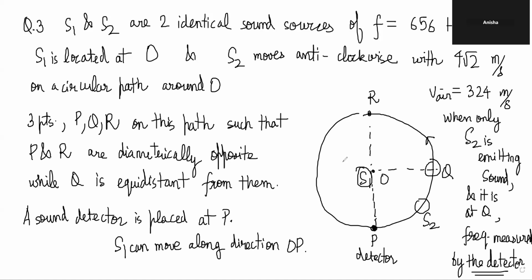Yes, sir. So it's actually a simple Doppler effect. This is going at 4 root 2. You have to measure the speed along the appropriate line, right? Yes, sir. So just find it out.